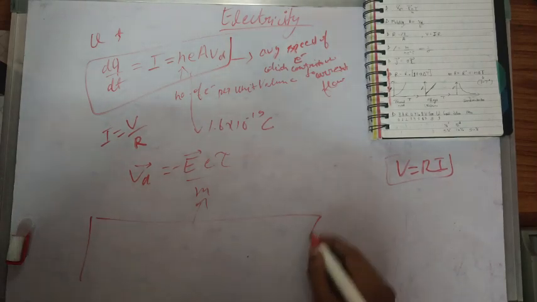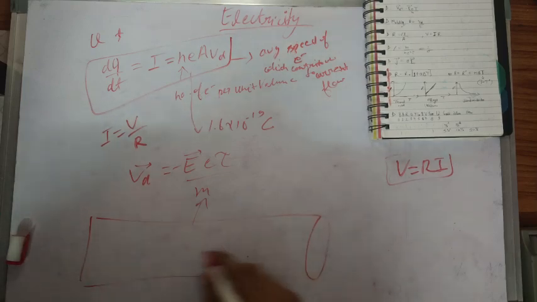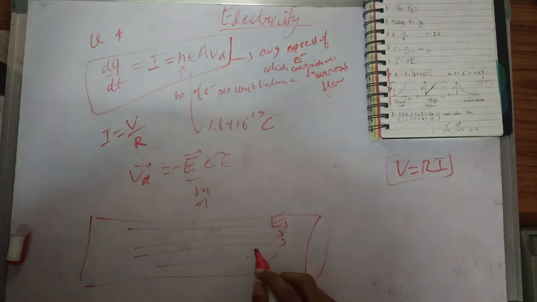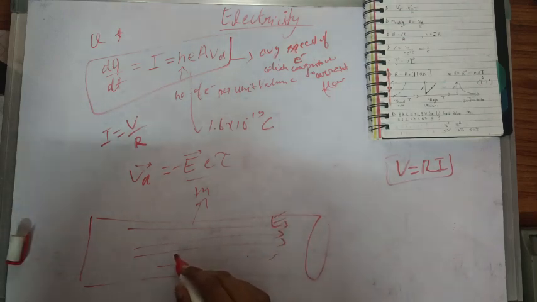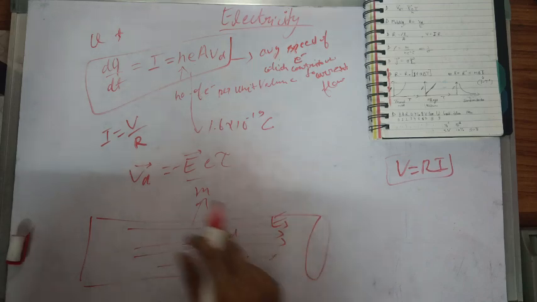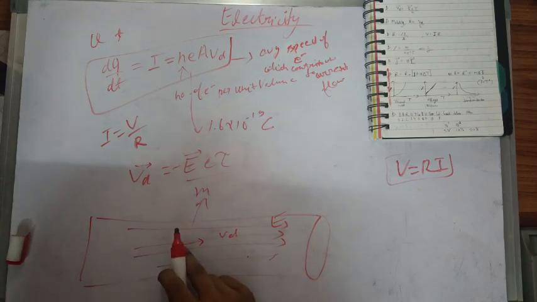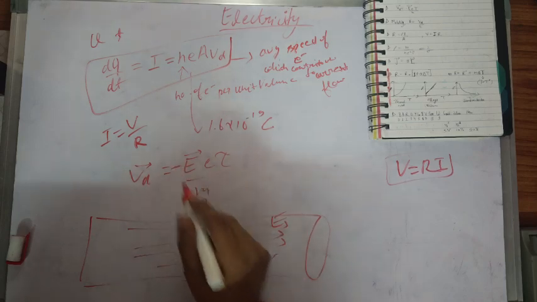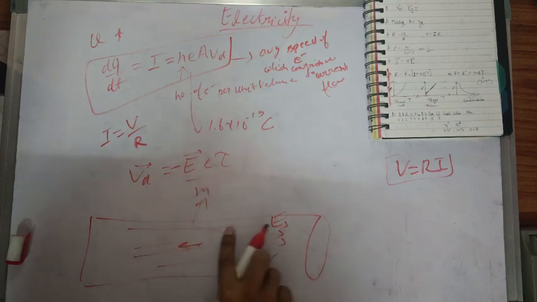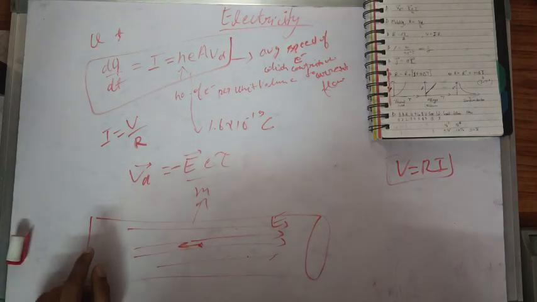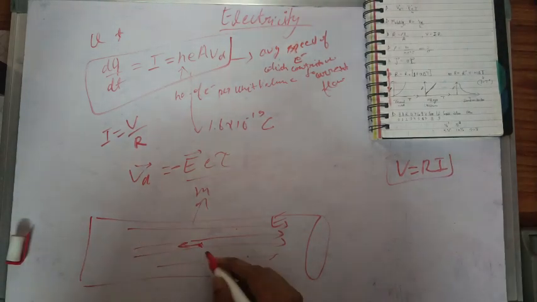Let's say there is a wire, and in this wire there is some electric field present, E, and then the electrons will have drift velocity in the opposite direction, because there is a negative sign.